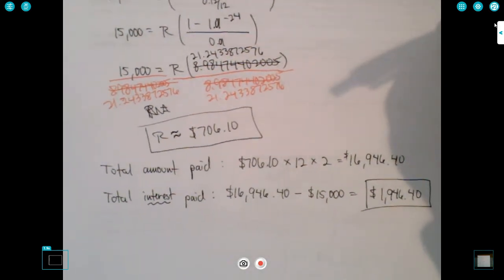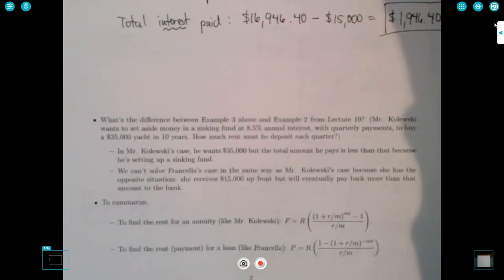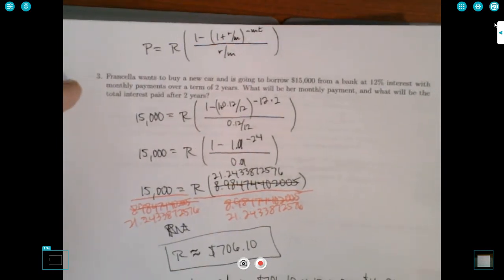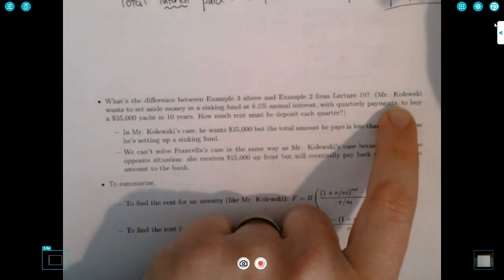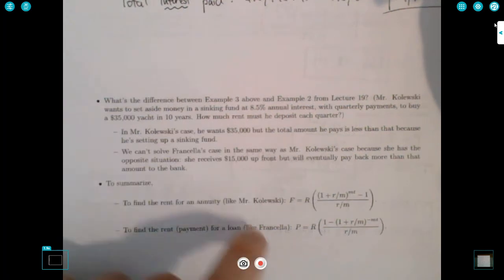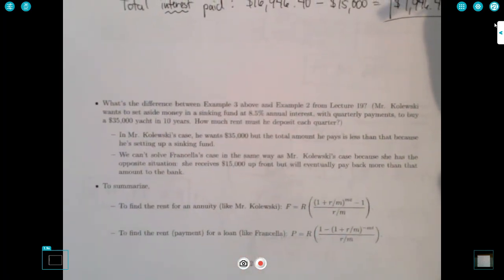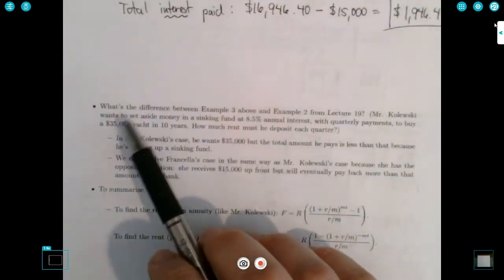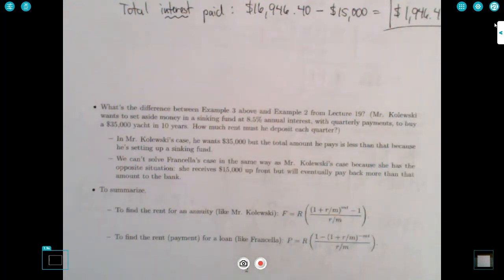Something that I want to point out, because this can get a little bit confusing. We talked about examples that seemed like this example in the past, but they weren't quite the same. The example that I'm thinking of is in Lecture 19. We talked about Mr. Koluski, and he wanted to set aside money in a sinking fund in order to buy a $35,000 yacht in 10 years, right? So the question is, what's the difference between what we just did and what we did for Mr. Koluski back in Lecture 19?